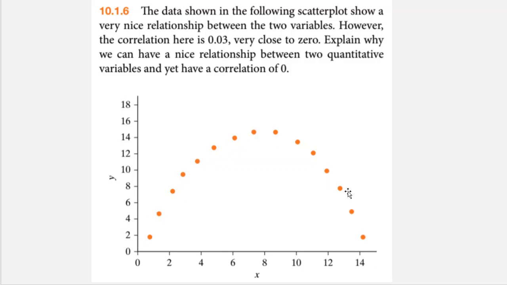It's a curved relationship, and correlation doesn't do a good job of measuring curved relationships. If it tried to draw a line through here, it would draw a line straight through, basically a line with a slope of 0. It's not going up, it's not going down, it's sort of doing both. So that's one thing to be aware of.